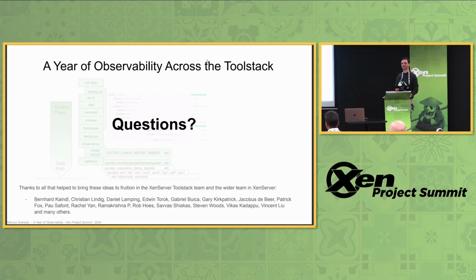Yeah, okay. Is it possible? Your observer.py is hooking the code to add a decorator to send traces, if I understood correctly. Yes. Does it work only for Xen code, or does it apply to any? It applies to any Python code. Only Python?